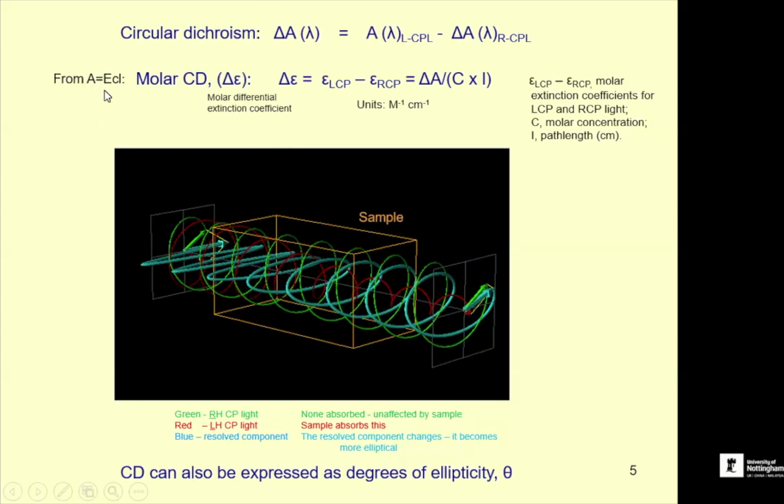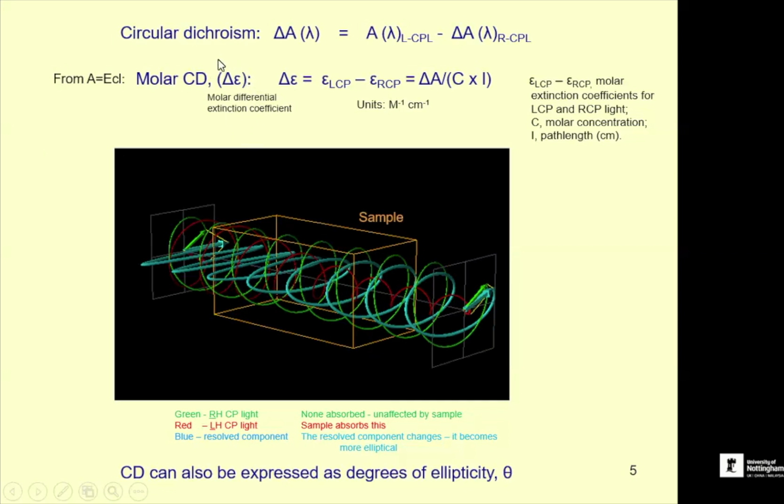So from the Beer-Lambert law, A equals ECL, you can express it instead of delta A, you can express it as delta E, which normally stands for molar extinction coefficient, doesn't it, for a particular molecule. In this case, it's just molar differential extinction coefficient.